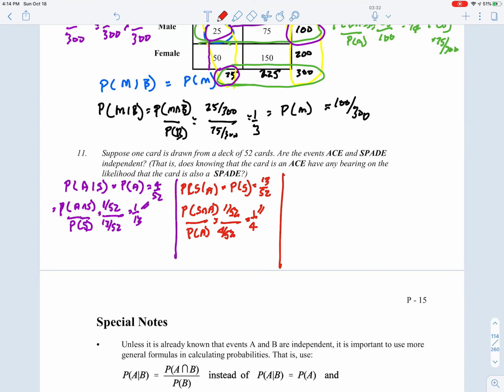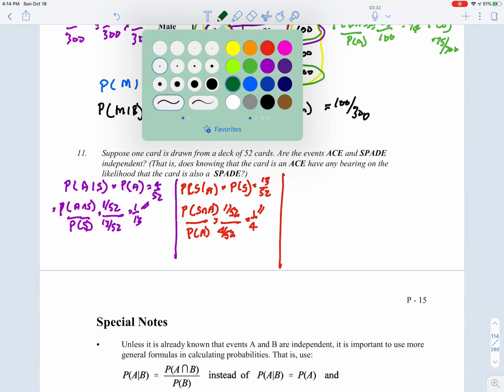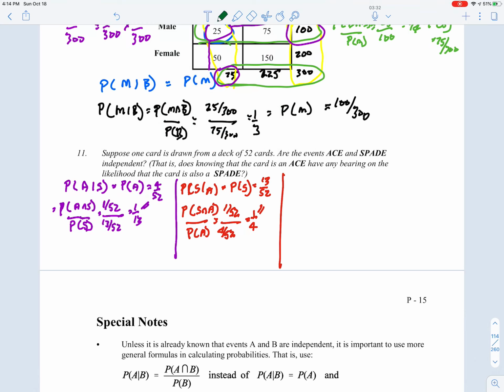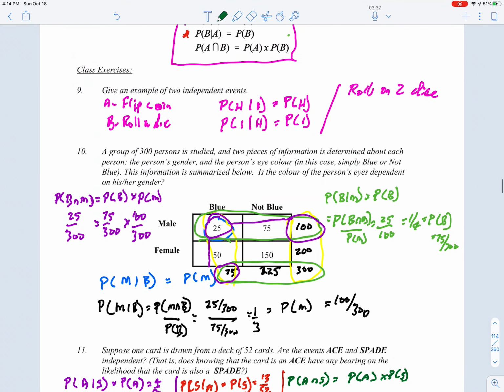Let's look at the last one here. In this one, we're going to say the probability of ace and spade is equal to the probability of ace times the probability of spade.